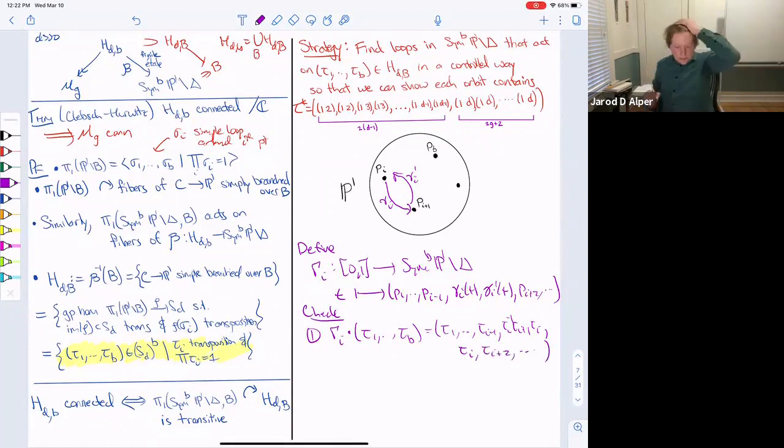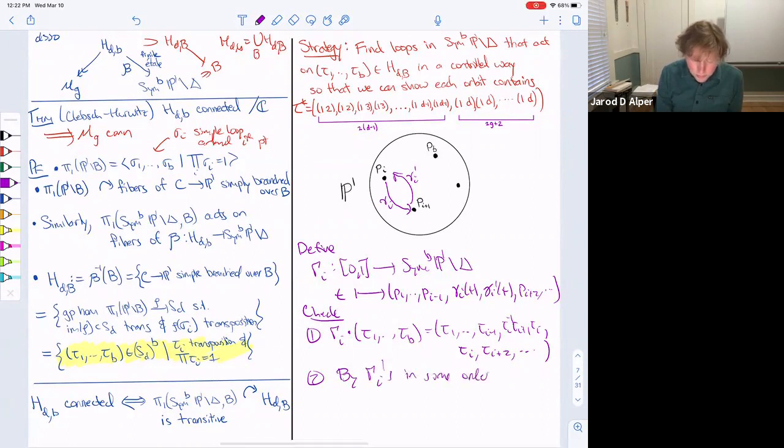and then tau i, and then tau i plus 2, and so on. I think that's right. And then it boils down to the following combinatorial problem: you need to check that by applying gamma i's in some order, you can move any sequence of transpositions to this particular one, tau star.